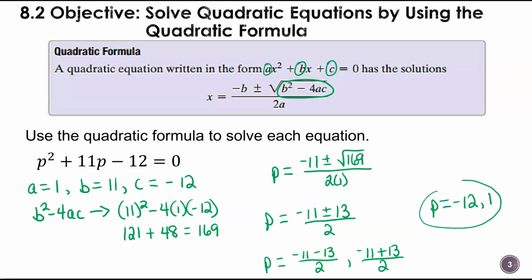All right, so these are my two solutions. You can always go back and check your solutions in your original equation to make sure that both sides are equal. Okay, so it's okay to do that. In this case, when you plug in -12 or 1, you would get the left-hand side as 0, right? 0 equals 0, which is a true statement.